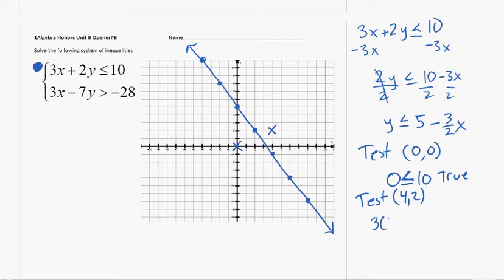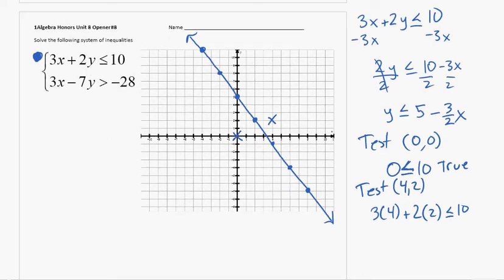So I'm going to do 3 times 4 plus 2 times 2. And the question is, will it be less than or equal to 10? Well, let's see what happens. This is 12 plus 4, and that's supposed to be less than or equal to 10. Clearly that's not true. This is false. So the points on this side of the line will make the inequality false.